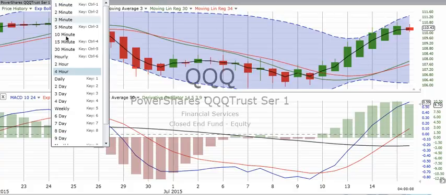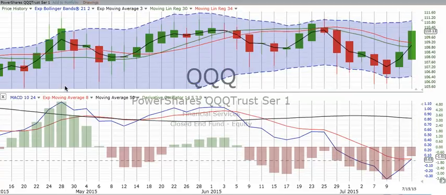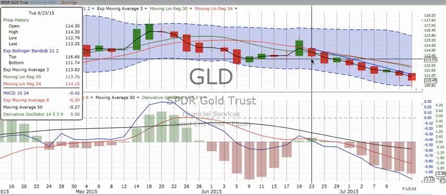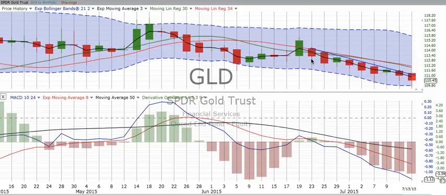Lastly, let's range back out again to our 2-day chart, and let's look at gold. I love gold. What is gold doing? Well, you can see that we have a very good 2-day trend line starting around the 23rd on the 2-day chart, and it has continued to hold up. Gold has continued to move down below that.